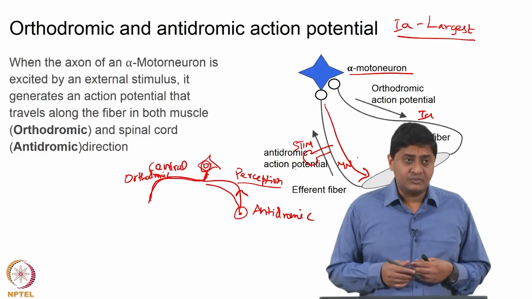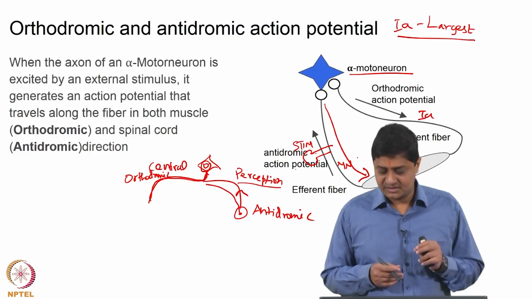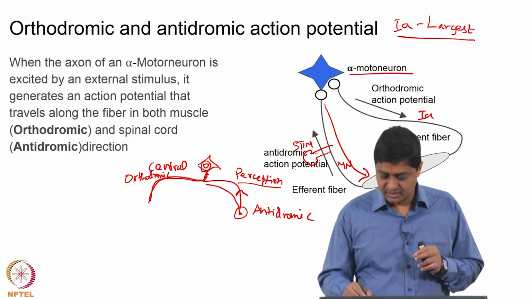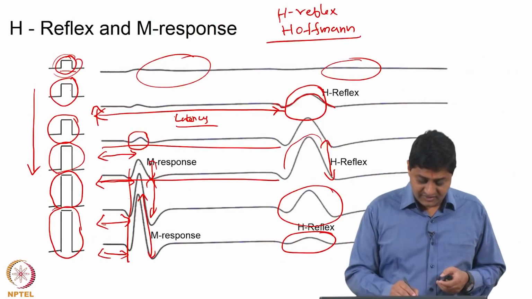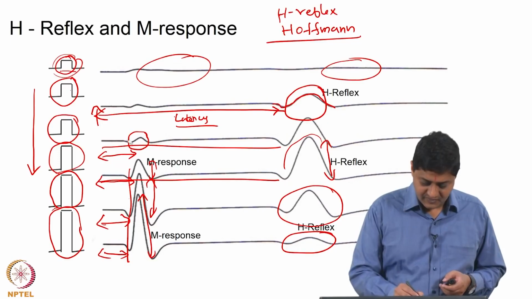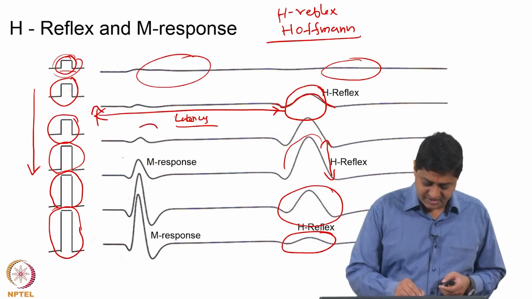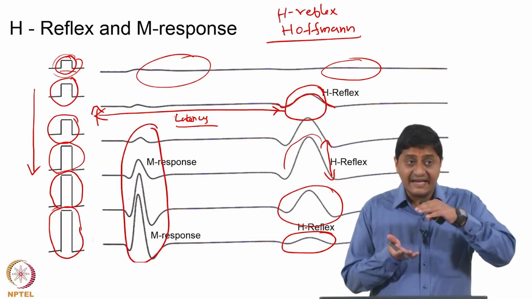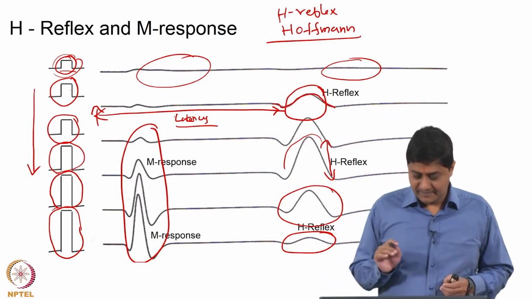At some point one motor neuronal axon starts getting stimulated and it conducts, causing a small contraction. Note these responses again, all these responses are EMGs, muscle responses, the net response of the muscle, not an individual fiber. Okay.